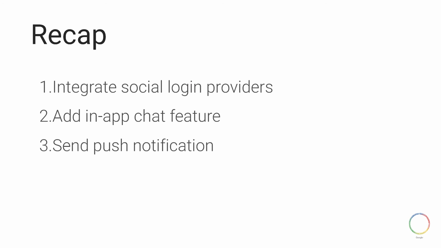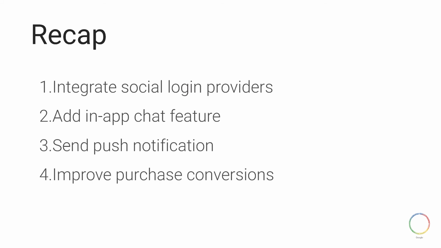And then we implemented a push notification mechanism to notify our customers when the sellers have replied to their questions. And finally, we've seen how to use re-engagement push notifications to improve purchase conversions in our app.